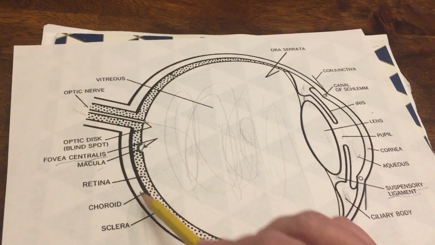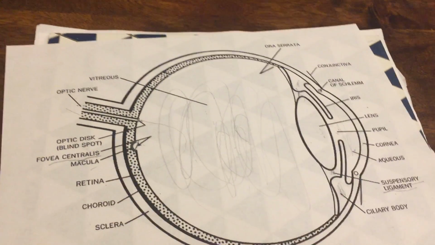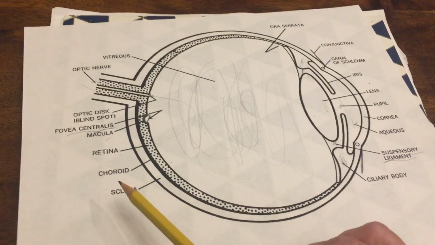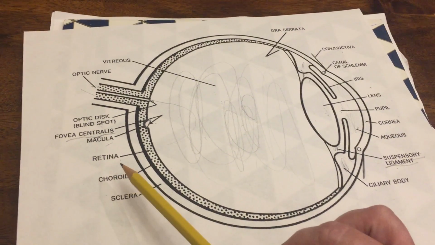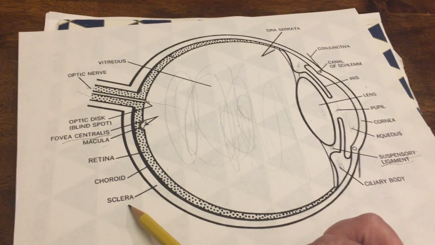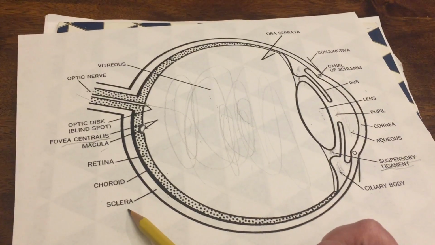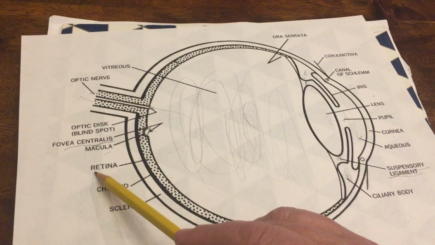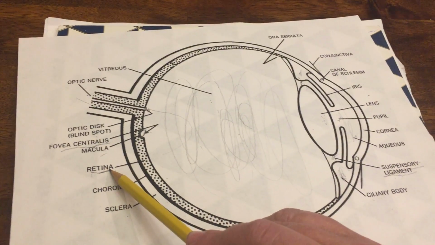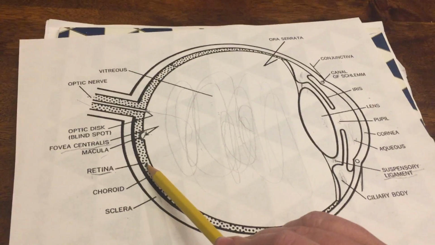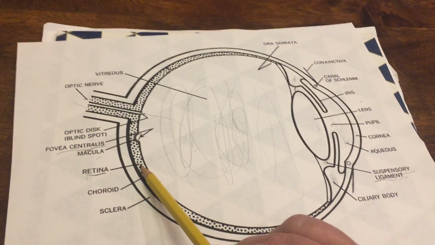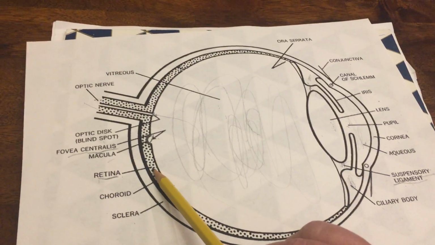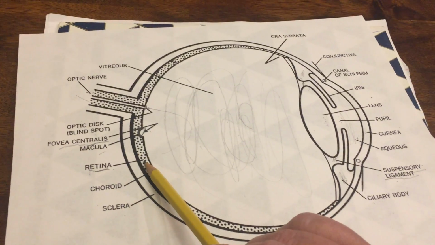Okay, so we go to the, let's see, where do we need to go? Let's see, retina. Let's go to the retina. This is the retina. The retina is inner lining of the back chamber of the eye.